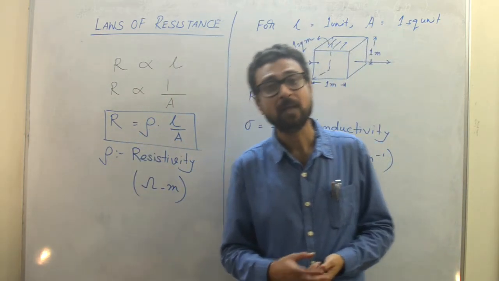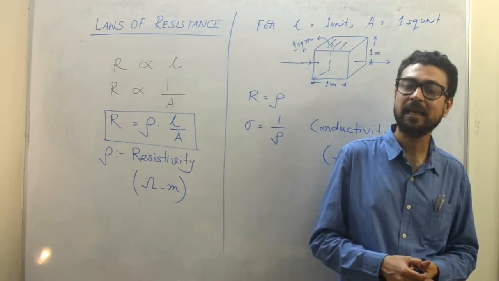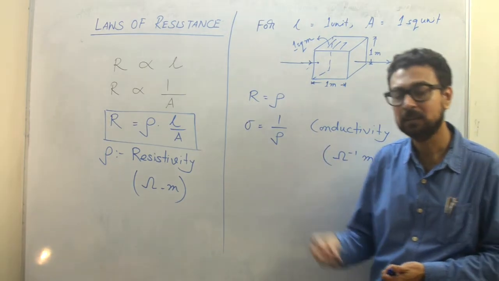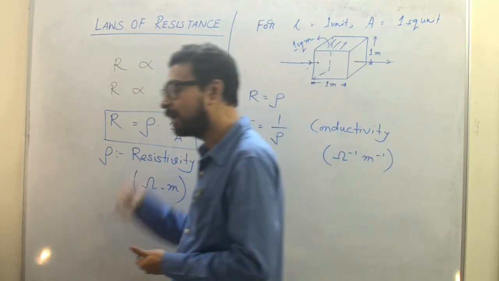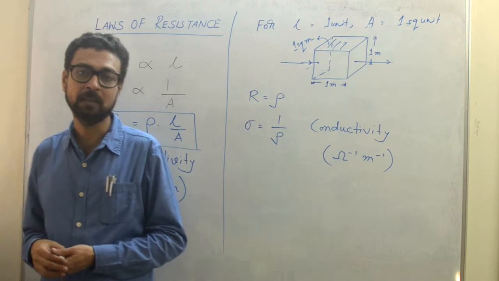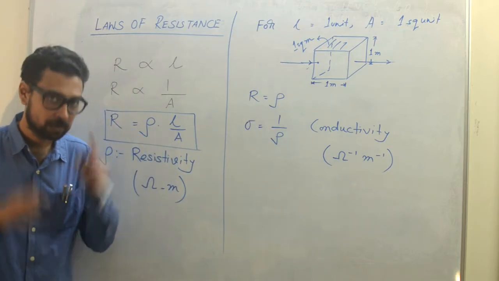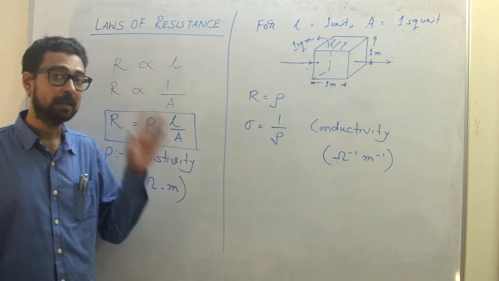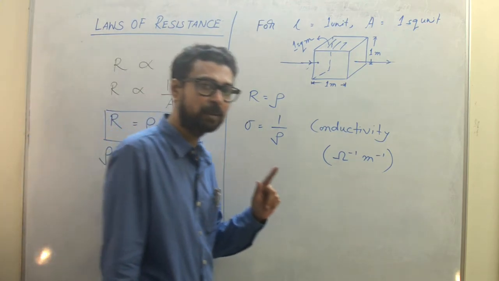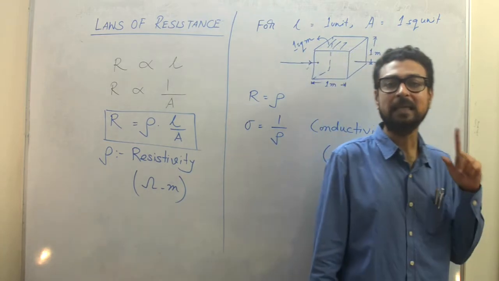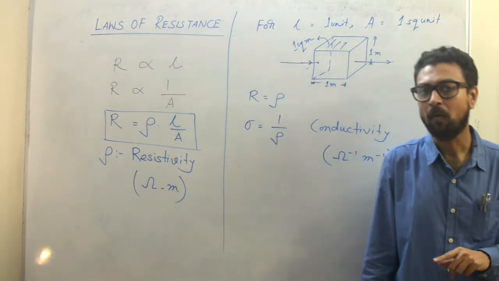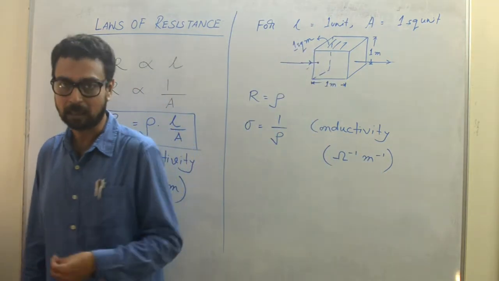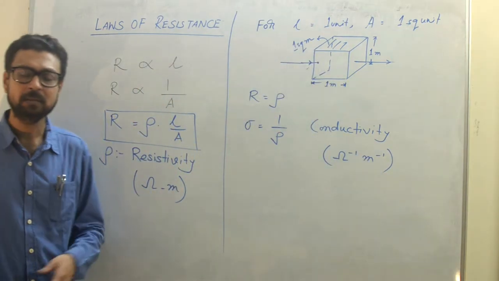I have seen a lot of students make this mistake: when asked how resistivity of a conductor depends on the length, they write what we have learned about resistance. They mix it up, but don't mix it up. Please understand that resistivity is independent of the length, area of cross section or other physical dimension of the conductor.